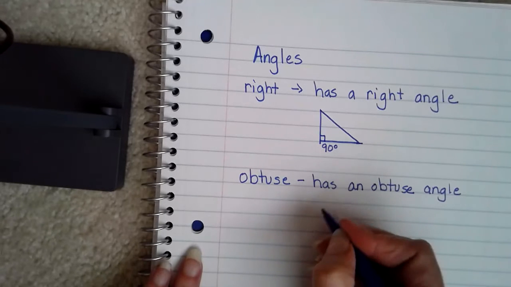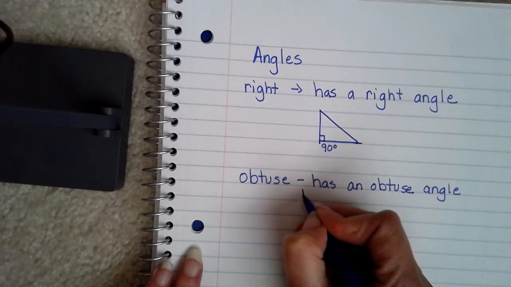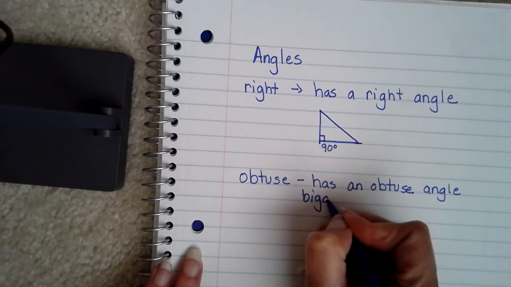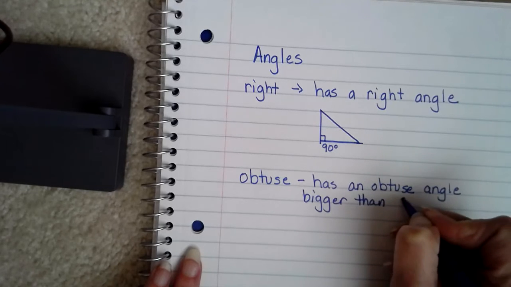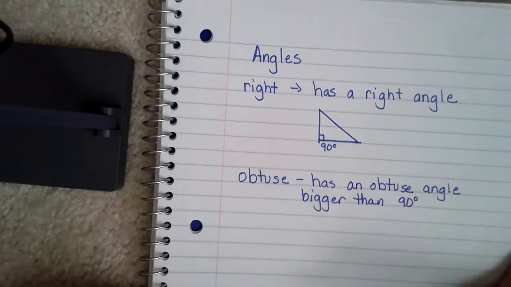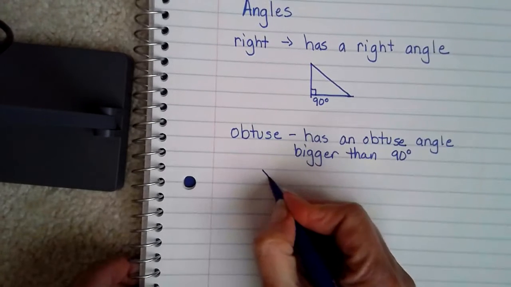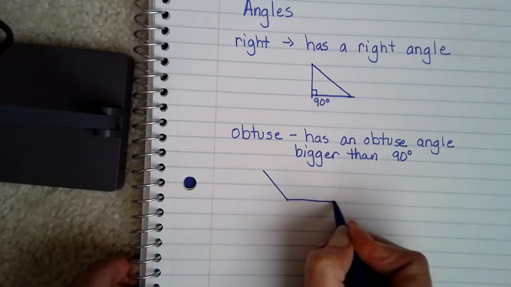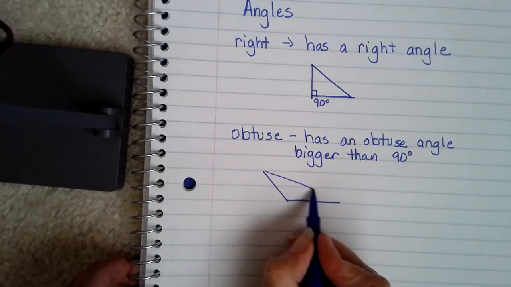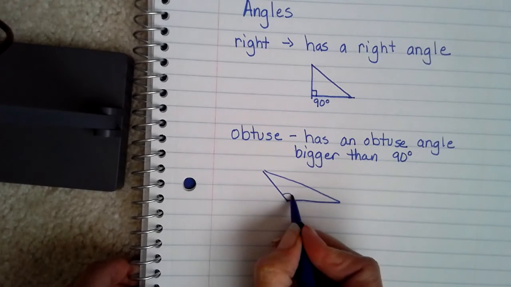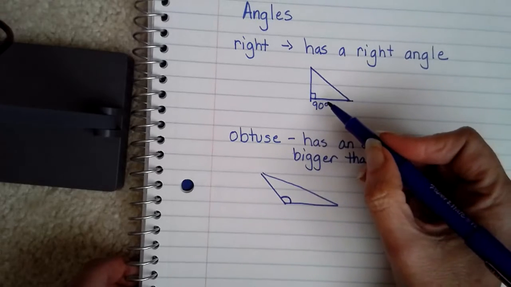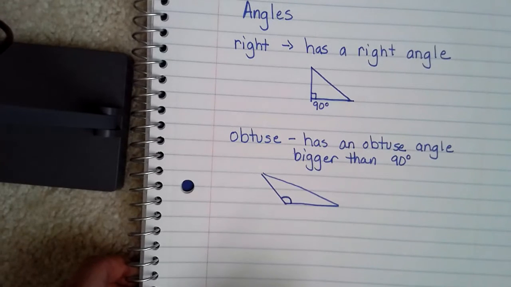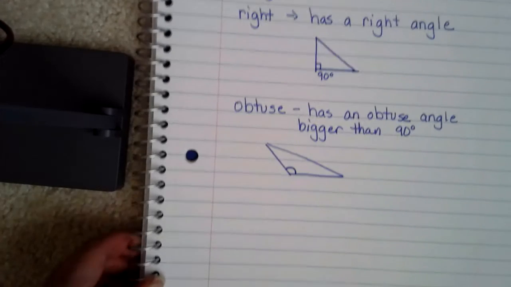It's a big angle, so the angle has to be bigger than 90 degrees. And it only has to have one of these. So it might look like this. And if you look at that, this angle right here is bigger than the 90-degree angle that we can see up here. So this is an obtuse triangle.